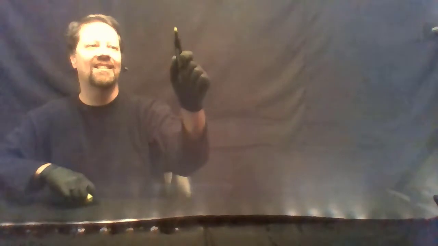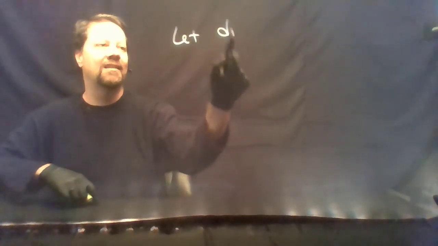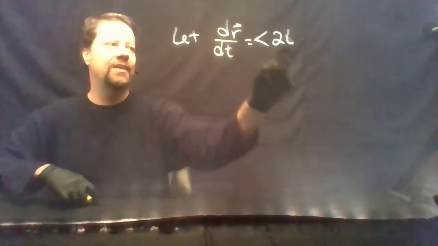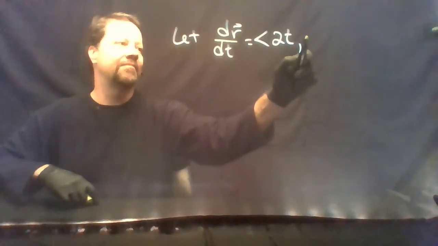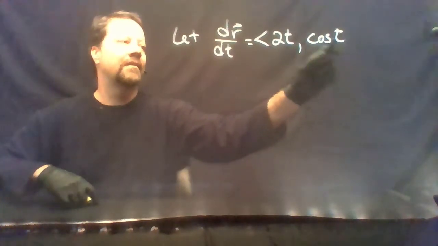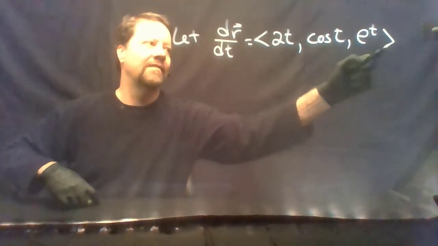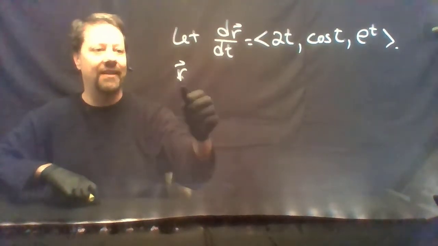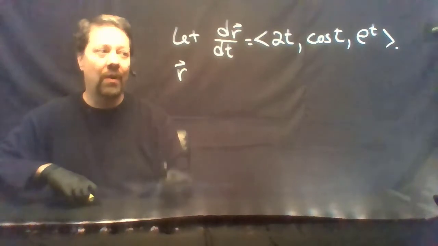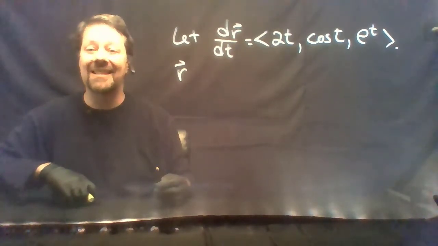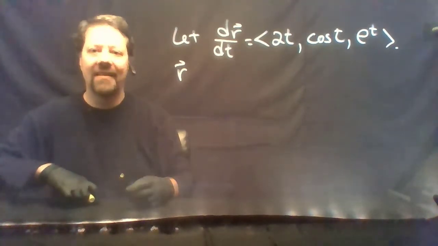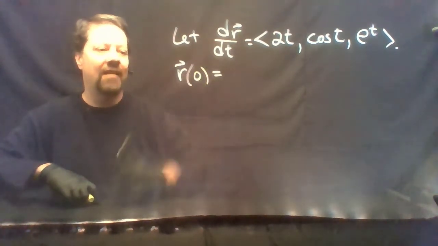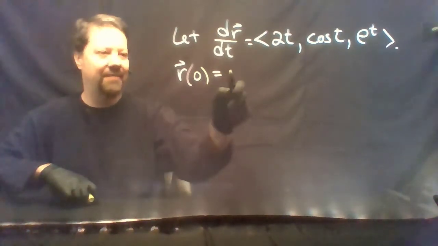Now, let's suppose that we know the derivative of r to be something like ⟨2t, how about cosine t, e to the t⟩. When we integrate to find r, we'll know r up to an arbitrary constant vector. That arbitrary constant can be determined by the knowledge of r at one point.